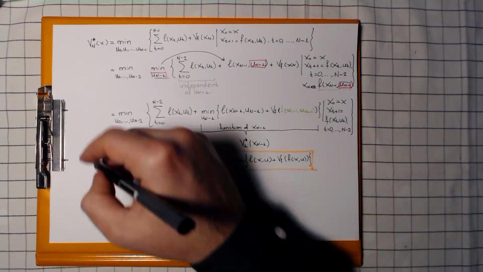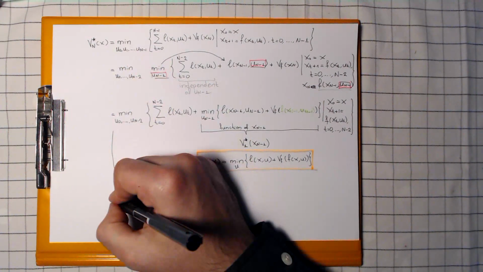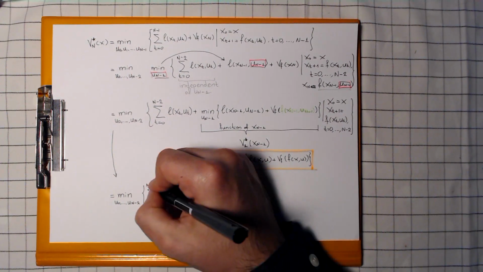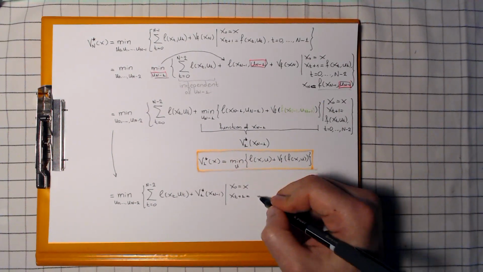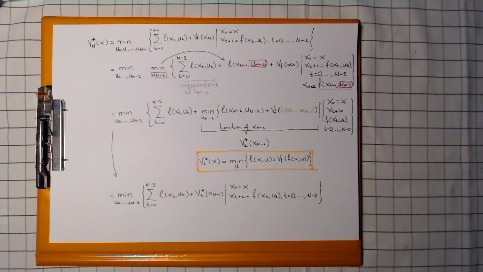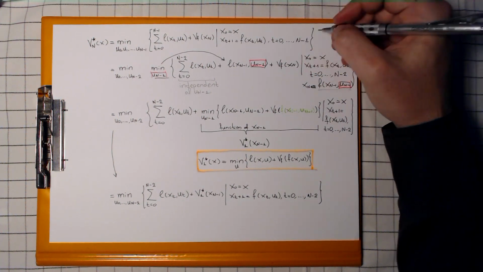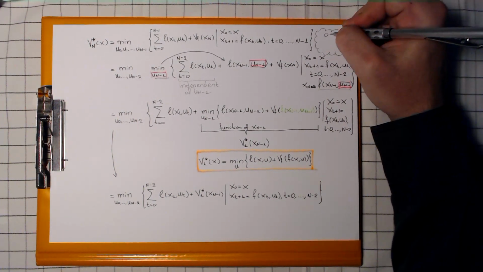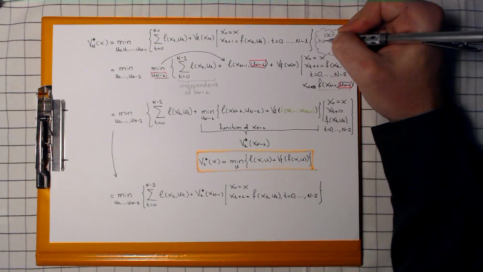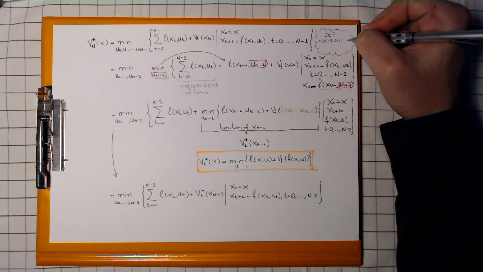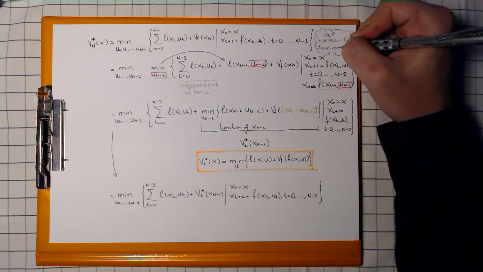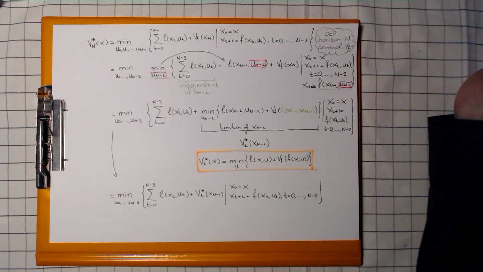And we can rewrite vn star. We have now written vn star in the following form. And I also copied the constraints. We can make a few observations here. In the beginning, the problem we started with is an optimal control problem with horizon equals n, and terminal cost Vf.